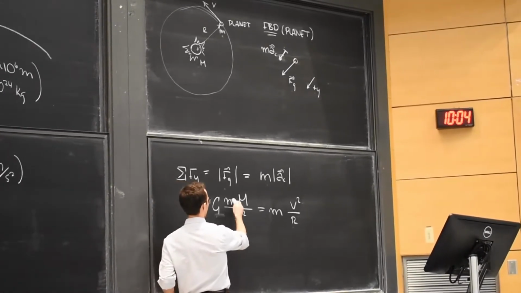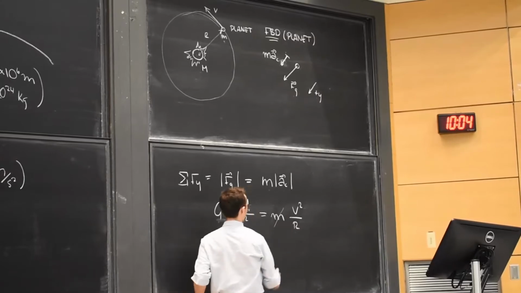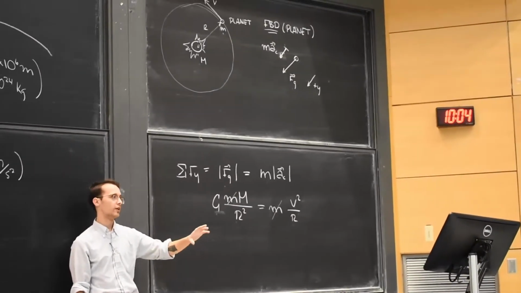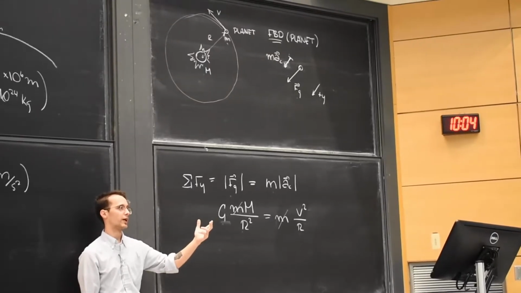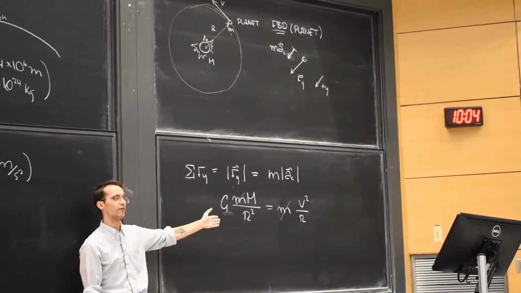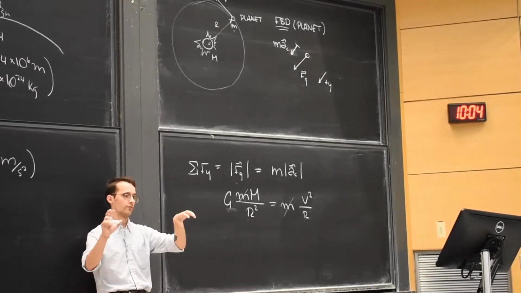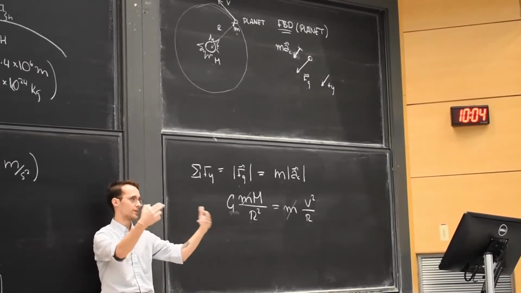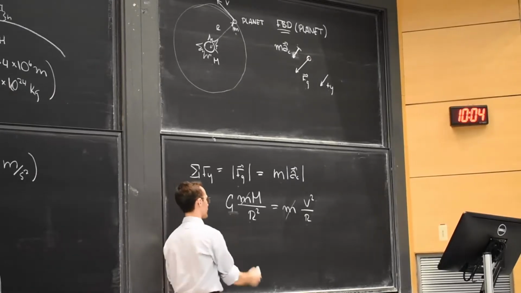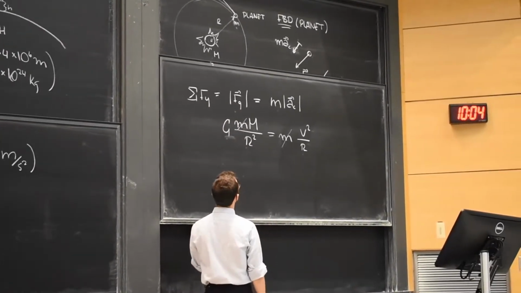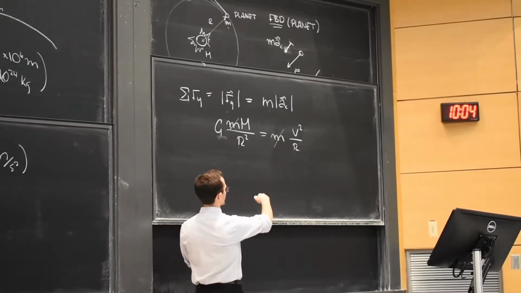So we see our little m's cancel out, which is nice because that means what we're about to do is completely independent of what planet we're looking at. It's only dependent on how far the planet is, so it doesn't matter if we're looking at a rock that's floating by Earth. As long as it's the same distance from the sun, the thing I'm getting to will apply perfectly fine. And we'll rearrange just a little bit.